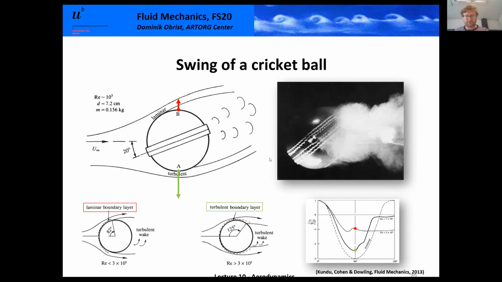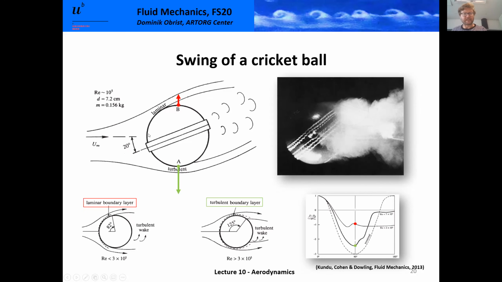So on the upper side of the ball, where there's no suture line, no obstacle, we have a perfectly laminar boundary layer, and we have flow separation here. And we get a flow velocity resulting in a pressure denoted here on the bottom right by this red dot.